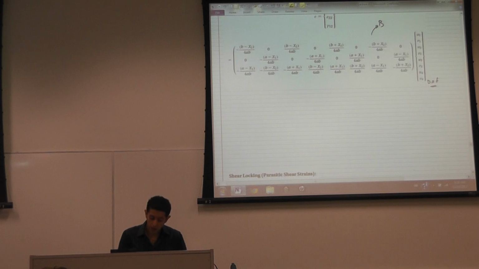If you use this element with a fine mesh, you're always okay. So this element works really well with a fine mesh. But it has a problem when I try to model bending. So if I put this element here, and I'm trying to model the bending of a beam.